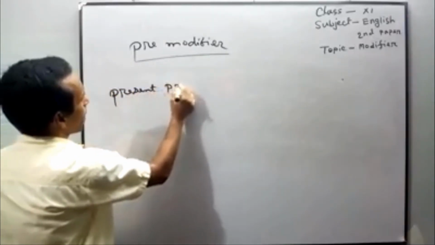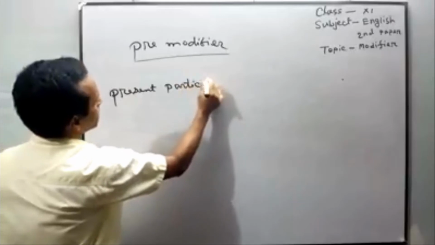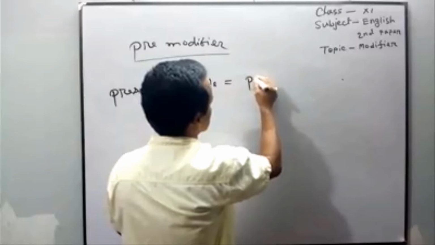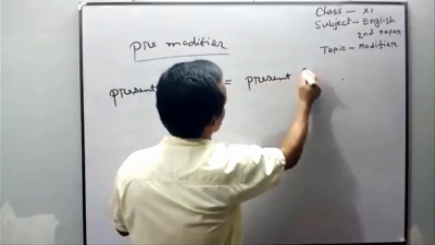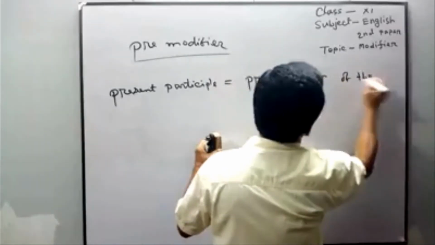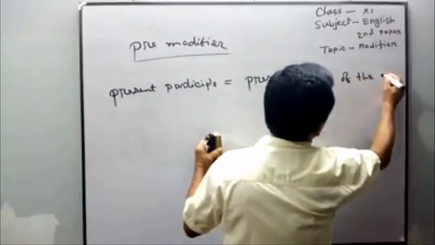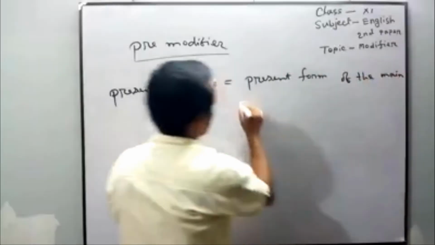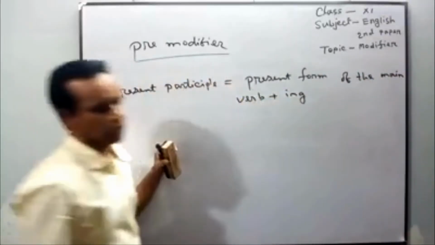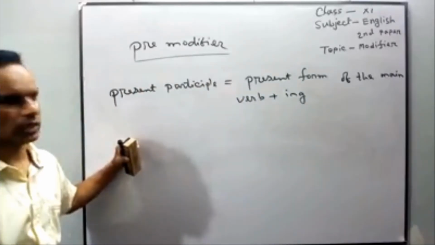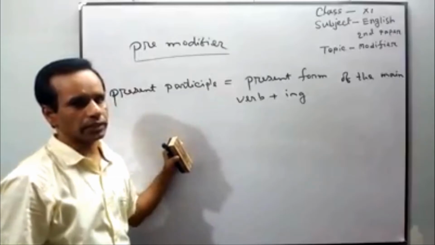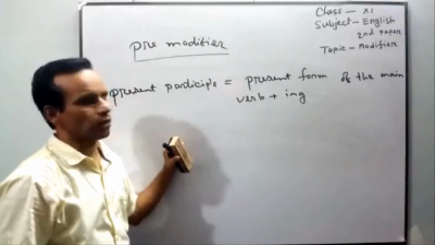Present participle equals present form of the main verb plus ing. This is present participle. You know that. That means you have to add ing to the present form of the main verb.